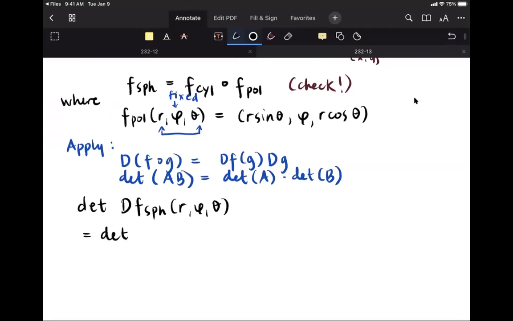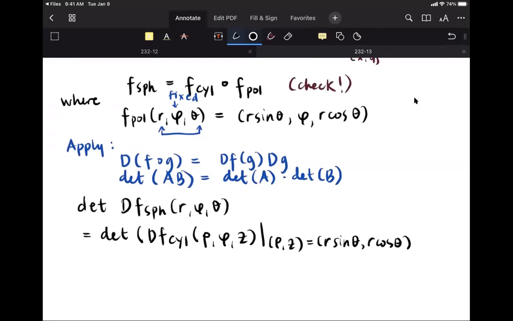So here we have the Jacobian of the cylindrical at, let's say, rho, phi, z, where rho and z are evaluated at r sine theta and r cosine theta.